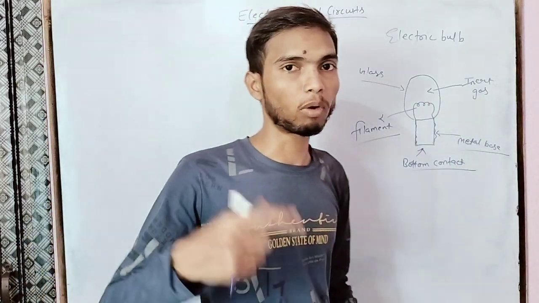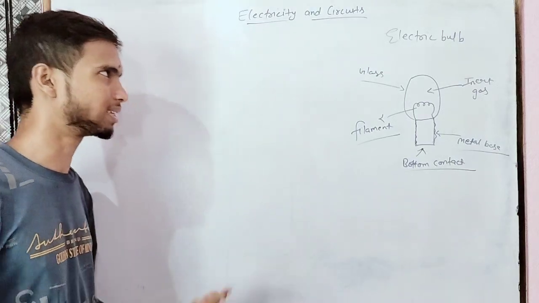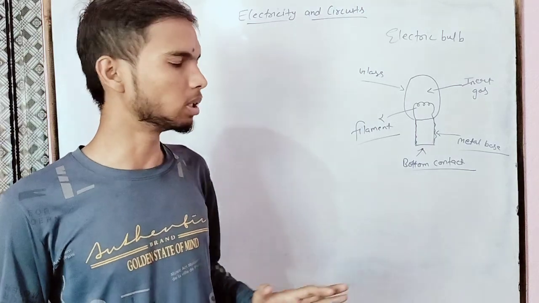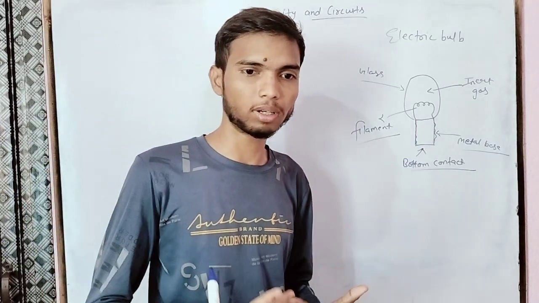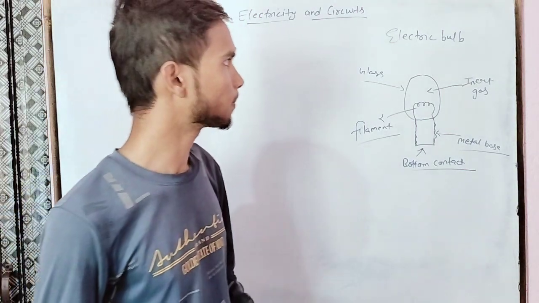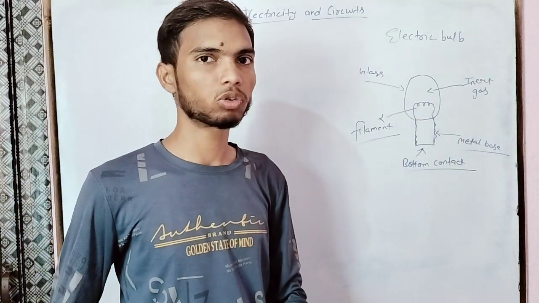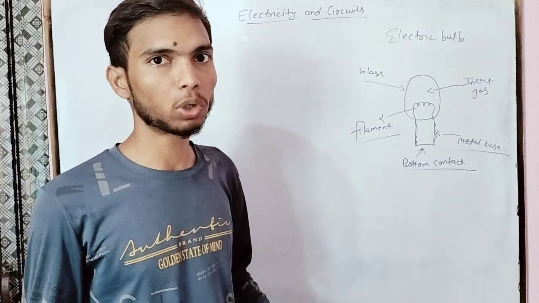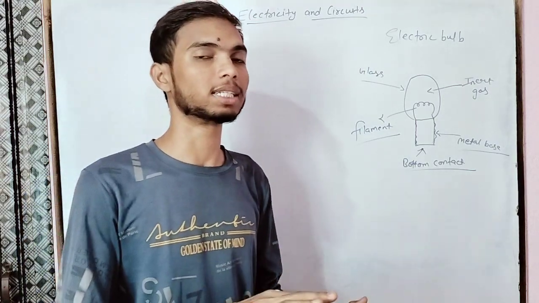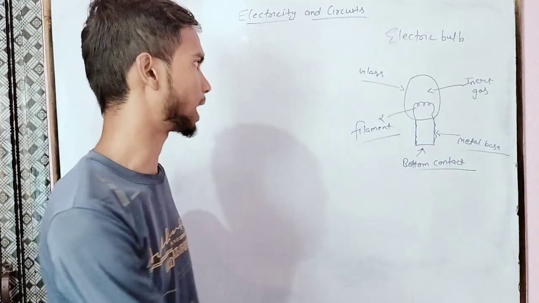The name of that gas is inert. It is a strange gas. Even I don't know much about it, so if you don't know, it is not compulsory. If you know, then it is better. For now, it is important to know the name of the gas that is present inside an electric bulb. So you would say inert gas.